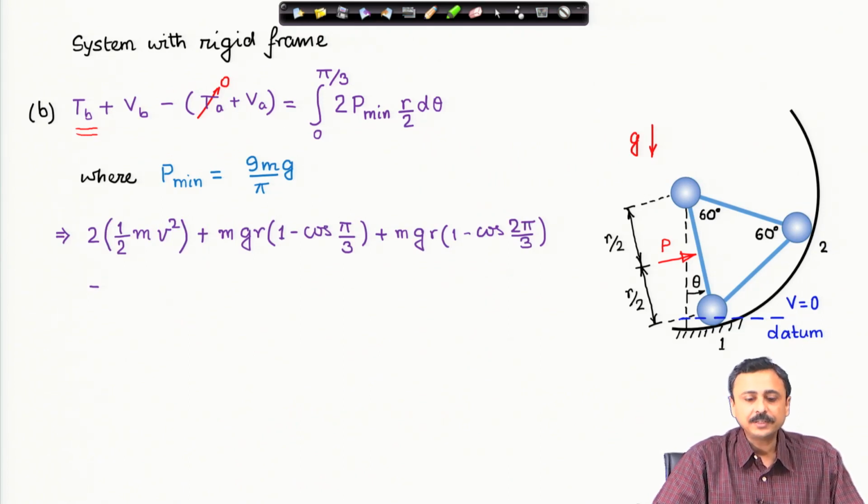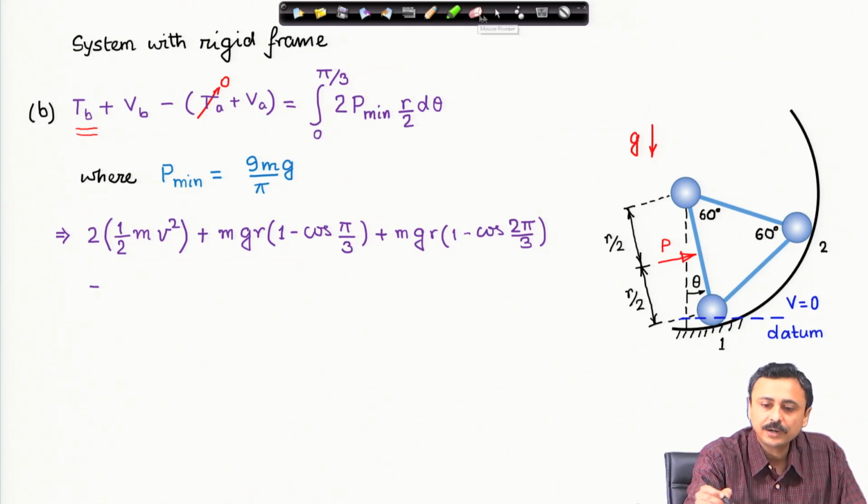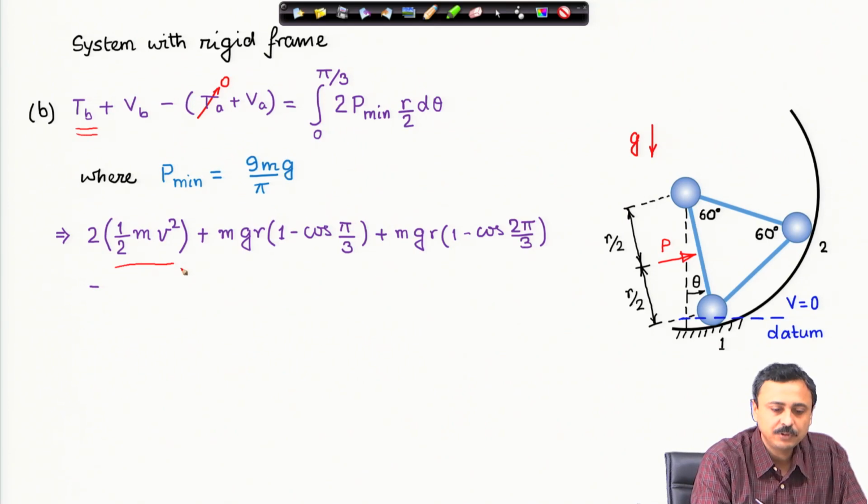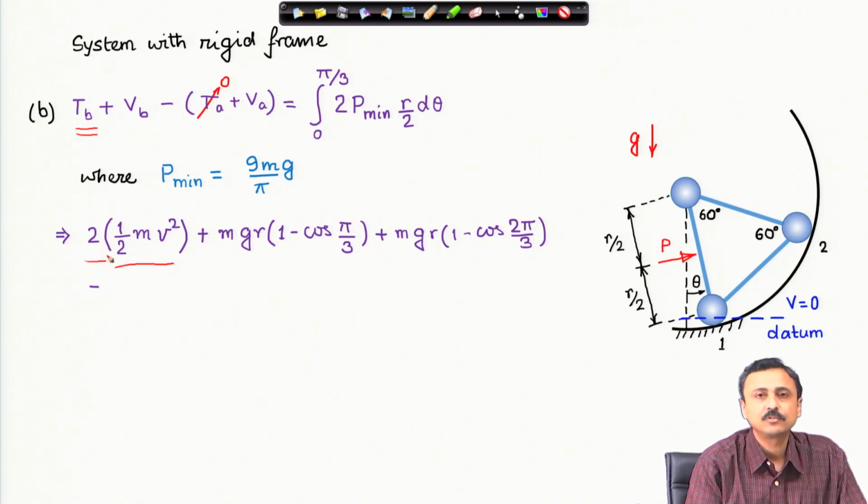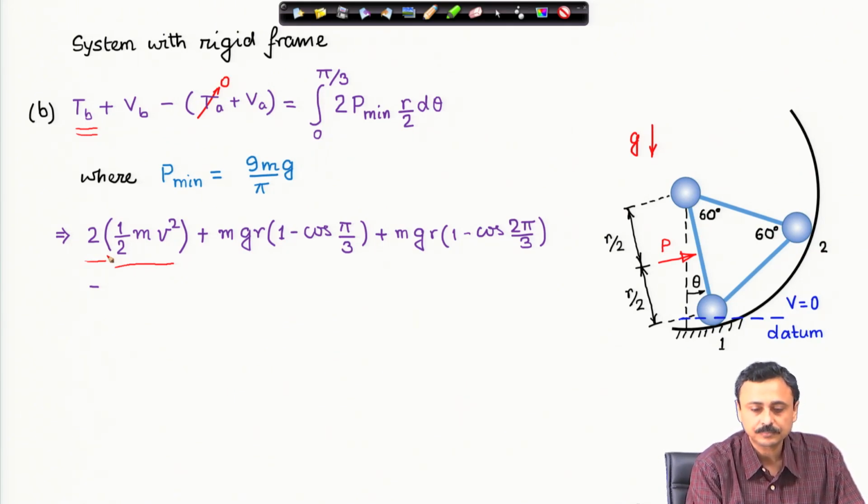And I have written out the expressions of the kinetic energy for the two particles, as you can see here. This is for the individual particle, and for two particles it is 2 times the kinetic energy of the individual particle, they are identical particles.